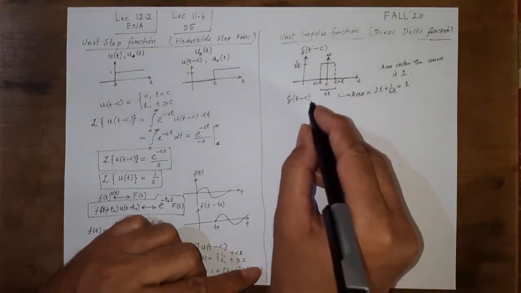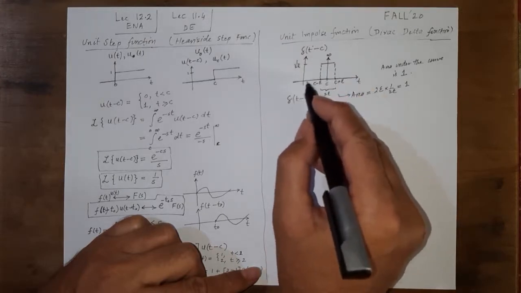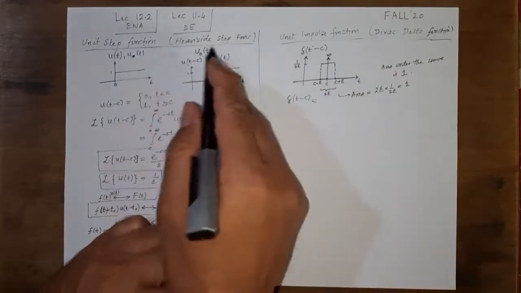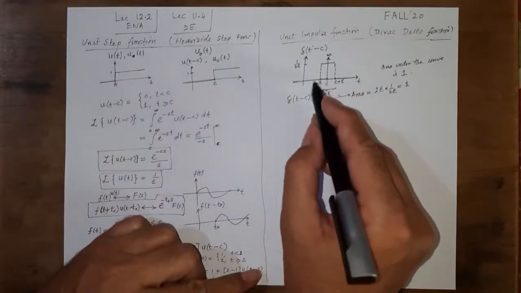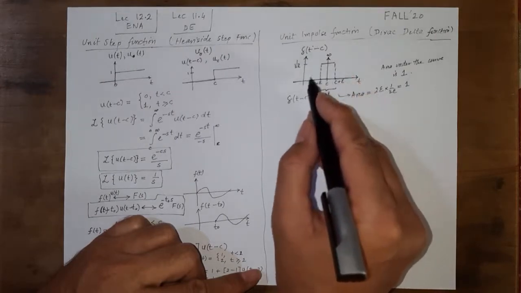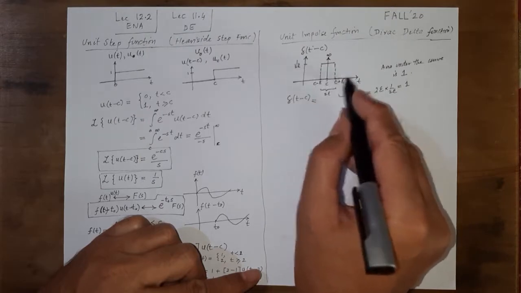So now if we describe this pulse using again the unit step function, the Heaviside step function, we see a unit step function here in action, and there is another unit step function in action here.